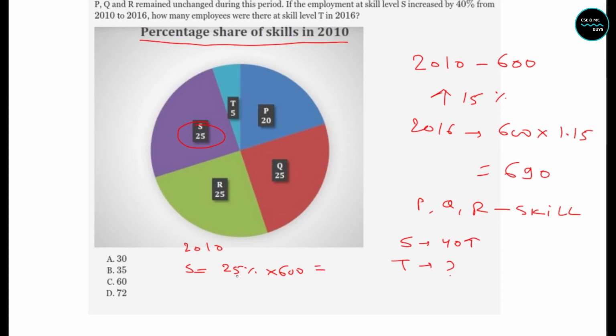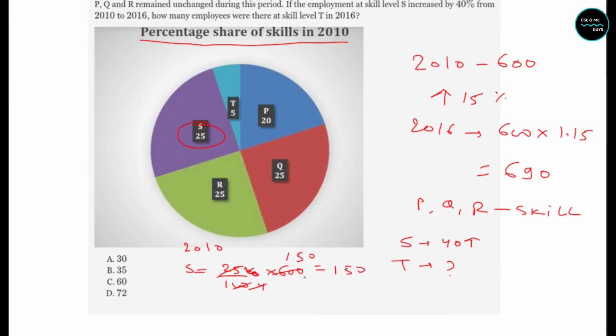So as you can see, this will just give us 25 by 100. If we remove this percentage, just 1 by 4, 4 fours are 16, so 150.